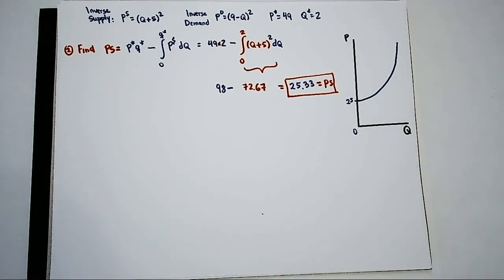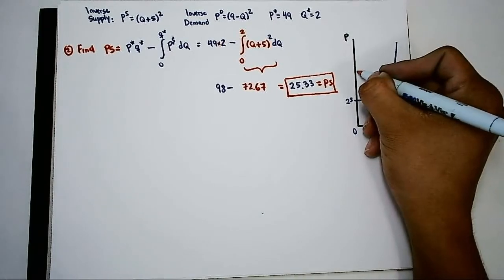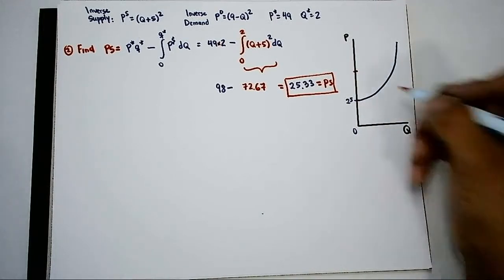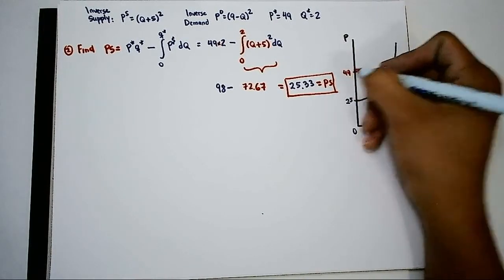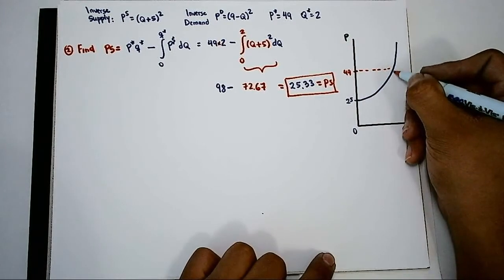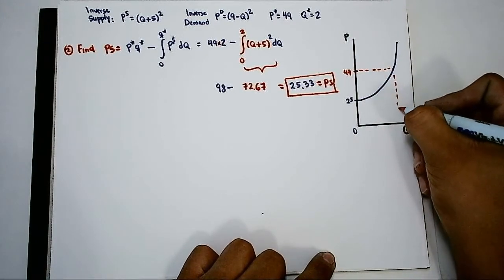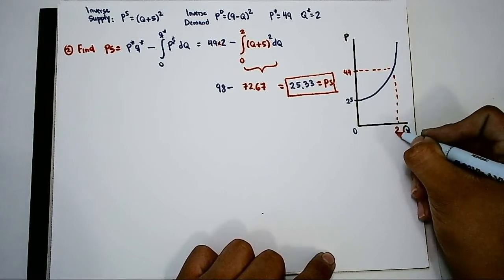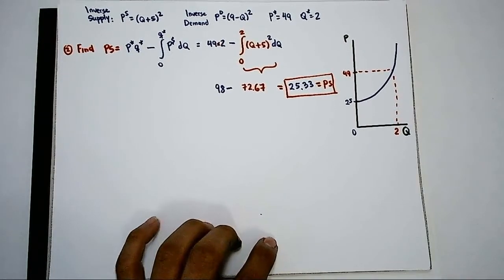And then we graph the price and quantity at equilibrium. This was 49 and 2.